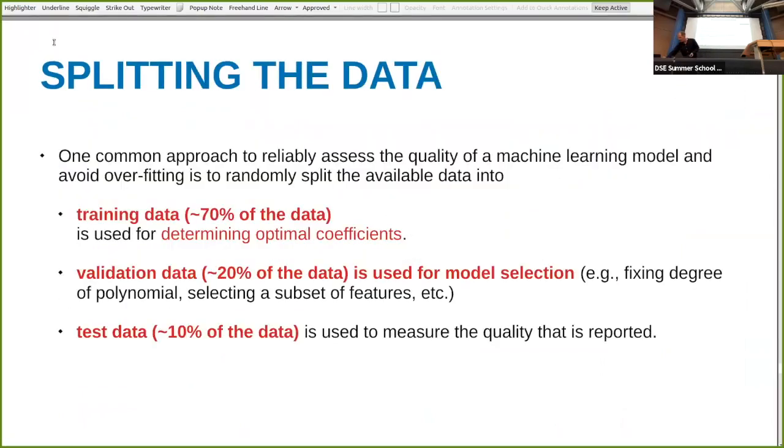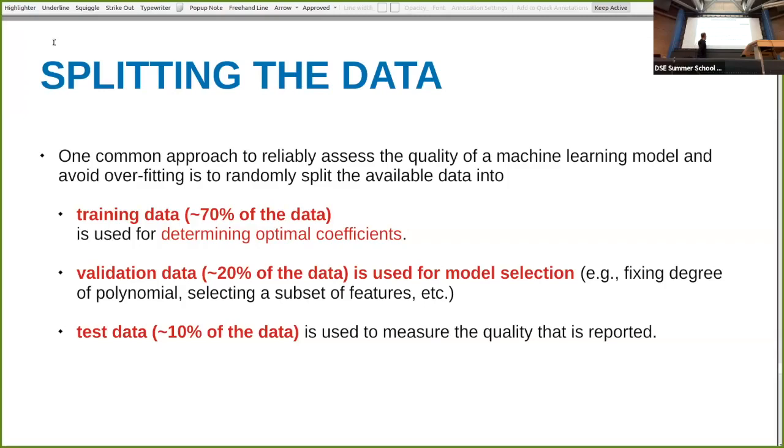Let me go here. You would want to use a bunch of the data to fit your model, and a bunch of the data to validate your model. If you use different network architectures, you use say 70% of the data to fit your coefficients, then 20% of the data that you leave untouched, you use to say you have a network that has 2 hidden layers, another one has 5 hidden layers.